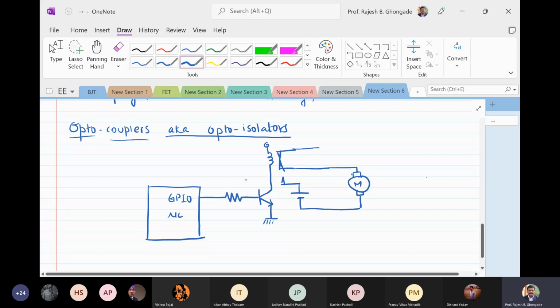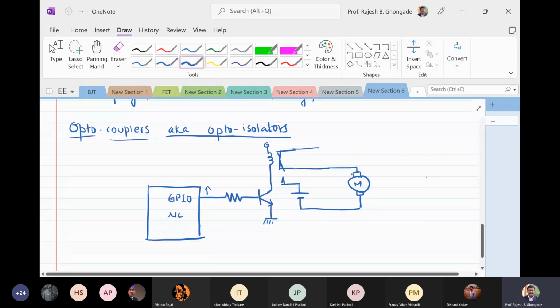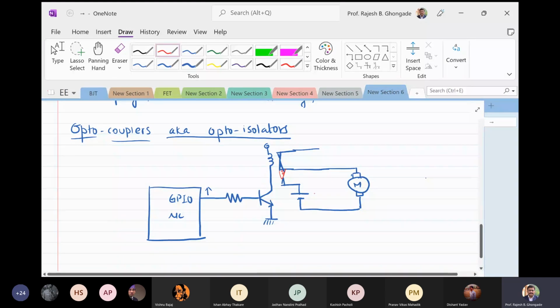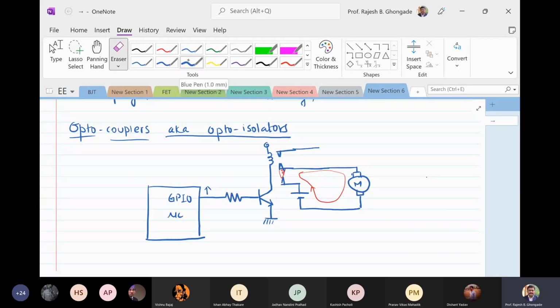So as soon as this becomes high, the transistor turns on, the relay is switched, and the new relay position becomes like this. It gets contacted, and the circuit gets completed like this. The motor starts rotating. That is how you control a motor.